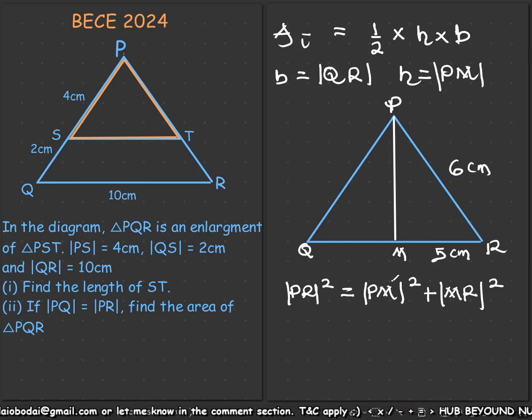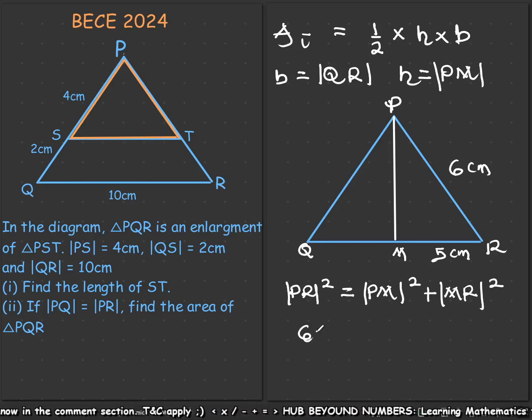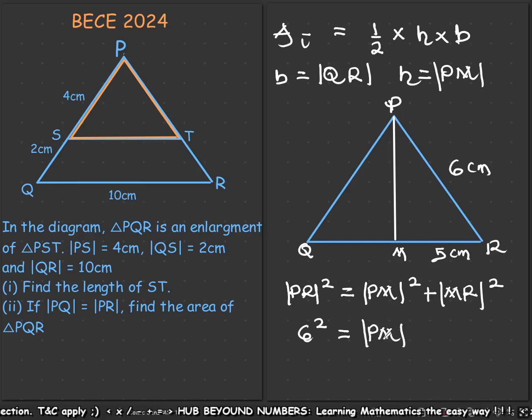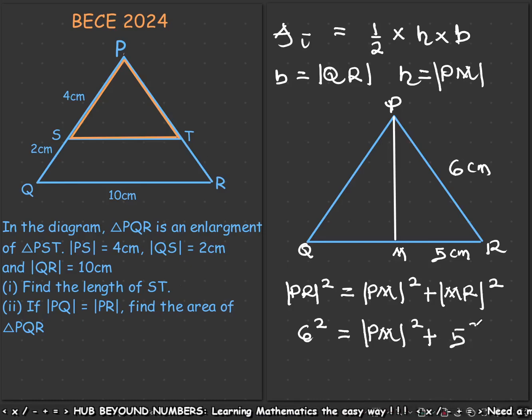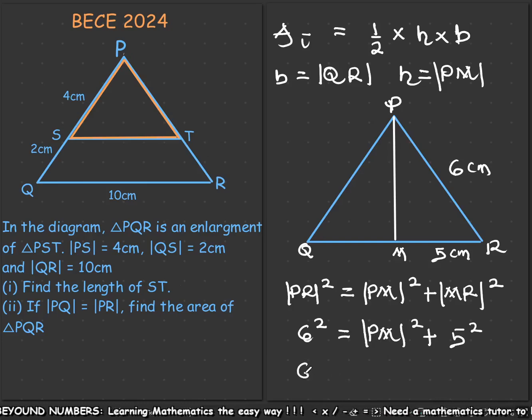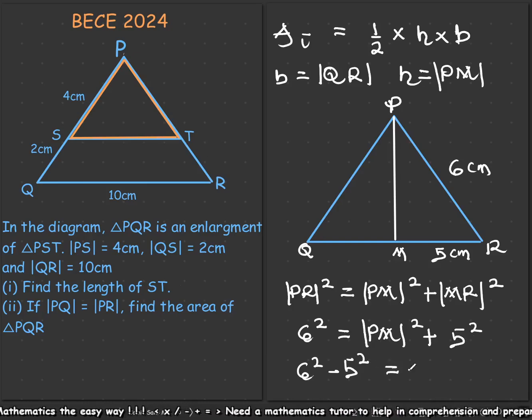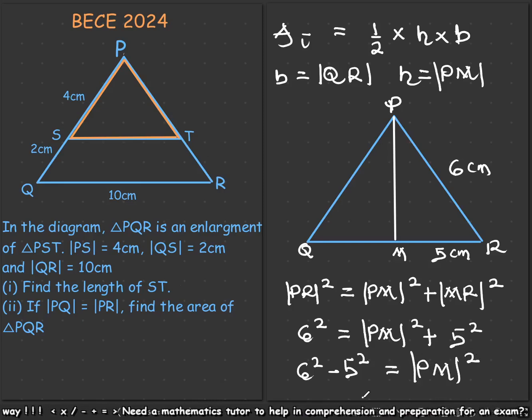And take note, it is PM that we want. So let's do our substitution. PR is 6, so 6 squared is equal to PM squared plus MR, which is 5 squared. We want our PM. So we have 6 squared, then 5 squared comes here as negative 5 squared, and that is equal to PM all squared.